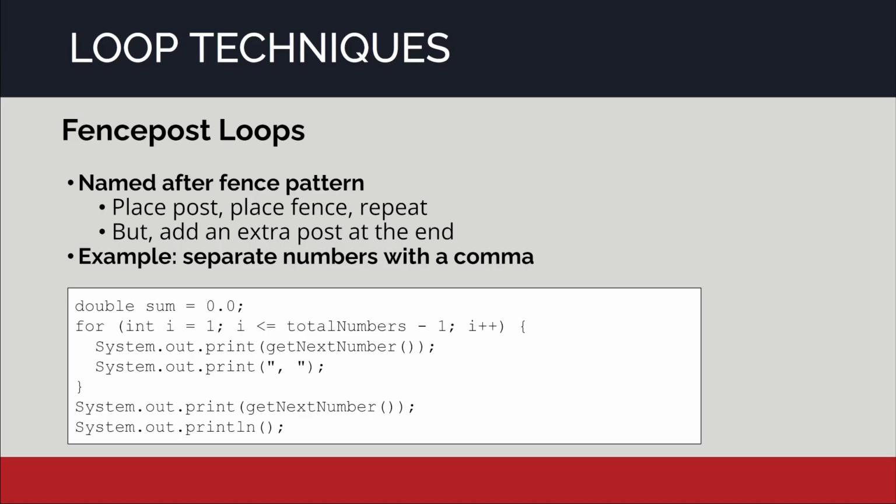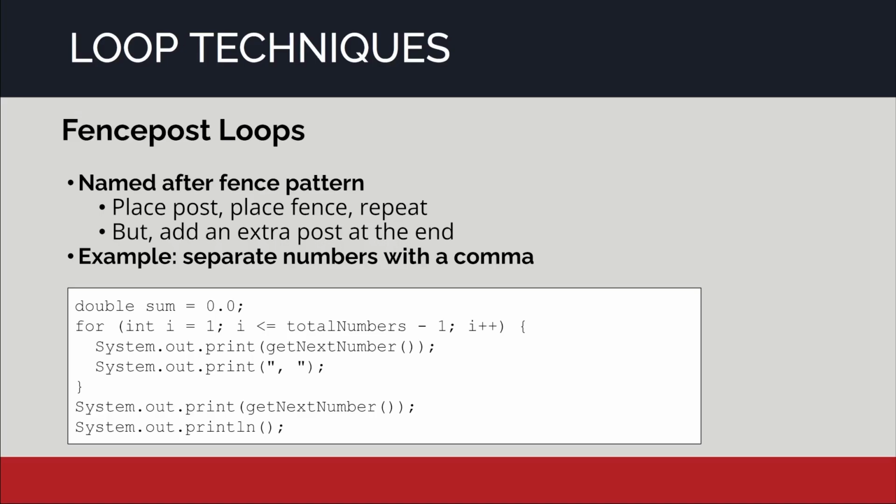But there's a problem, and the problem is that at the end of the fence there's a post. So we start with the post, we end with the post, but our pattern gets kind of messed up, and we can't fix it by reversing the pattern by saying, well, do the fence section first and then the post. In that case, we do end in a post, but then we've left out the post at the start of the fence.